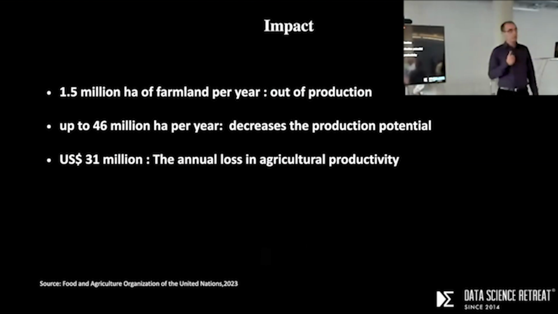Due to soil salinization, 1.5 million hectares go out of production every year, and production decreases from 46 million hectares each year, and they estimated an annual loss of agricultural productivity of about 31 million hectares.